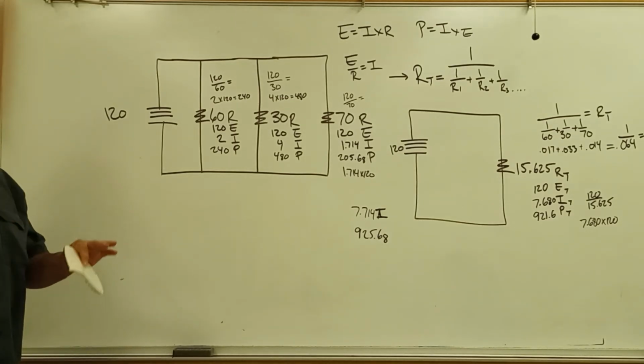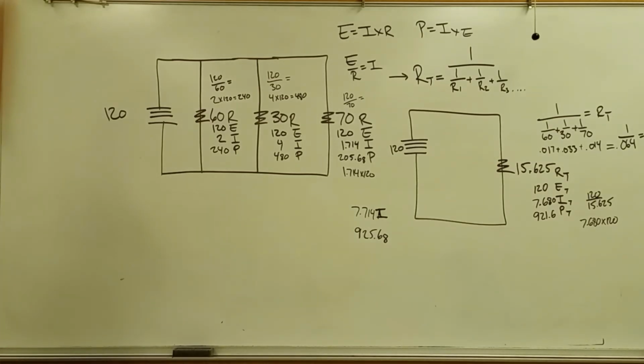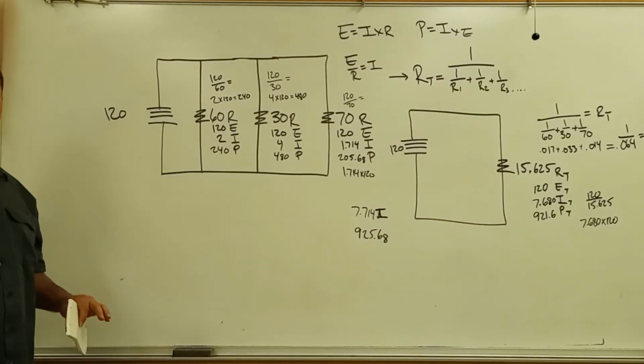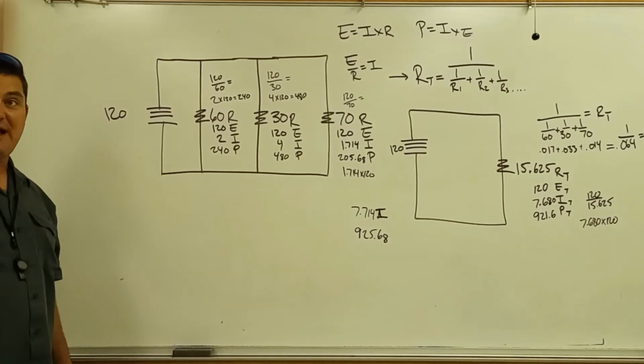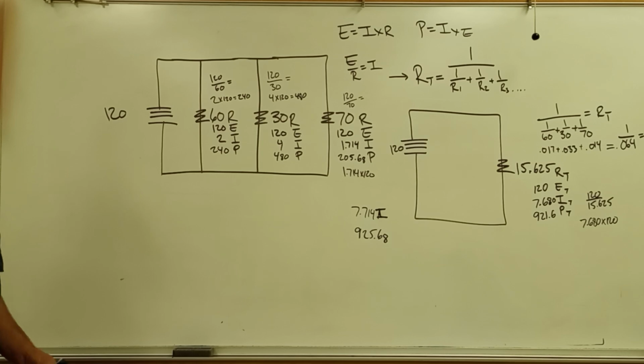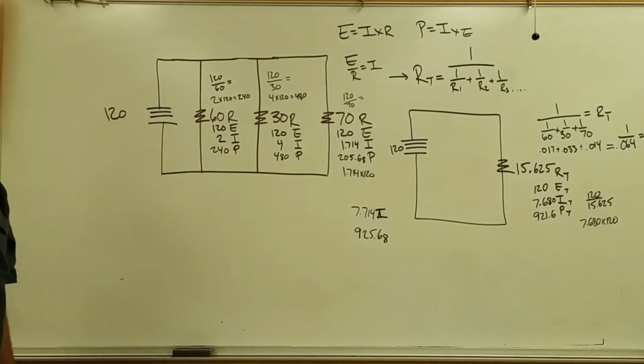You just have to use the appropriate rule that you're going to be solving for. It will get a little bit harder when we do the combinations. The formulas don't change. It's going to be your interpretation of how the circuit's drawn, and that's what's going to make it a little bit more challenging. No new rules, no new formulas. You just got to make sure you're making an educated decision as you're solving for them.